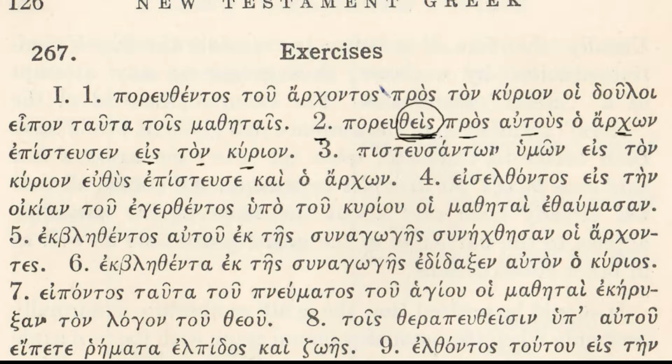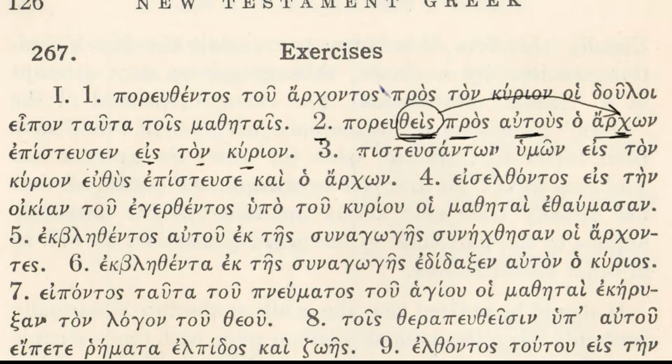But it's going to be rendered, of course, as an aorist participle. It's not passive because it's deponent. So, having gone, pros autous, to them, ho archon, the ruler, and of course, because this is a masculine nominative, singular, it's going to be associated to that participle.